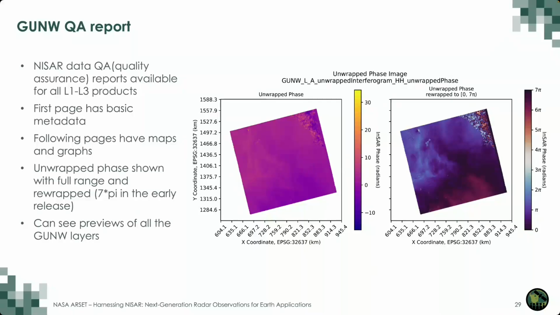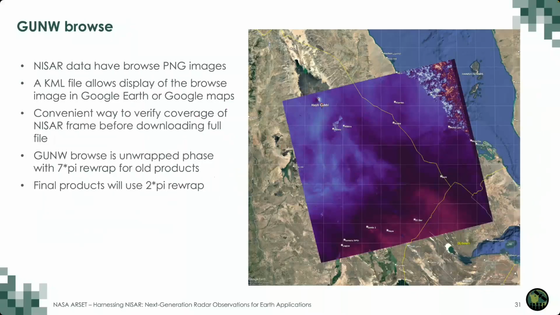So this is what the browse product looks like if you take that PNG image and the KML and put them in the same directory and double click on the KML file. It should be able to load into Google Earth if you have Google Earth on your computer, or you can also load it into Google Maps. It's a very convenient way to see the coverage of the scene.